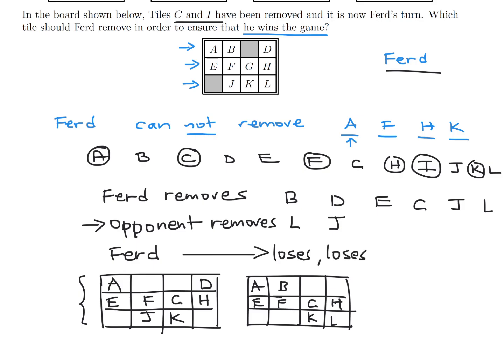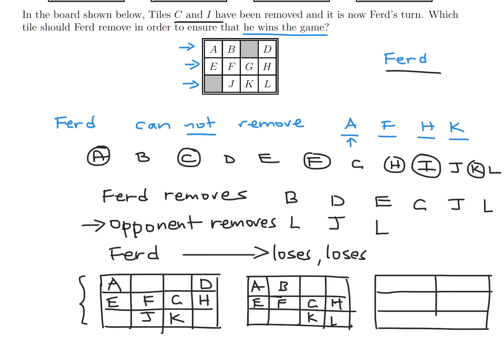And similarly with E and L, that being removed, if he chose E and then the opponent will strategically choose L to ensure that the opponent does not lose, and then you'll get a situation where only this is remaining: F, G, H, J, K. You got it? And then Ferd has no choice.